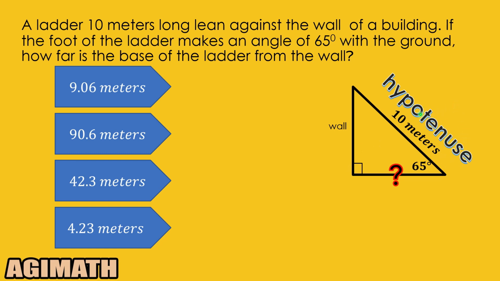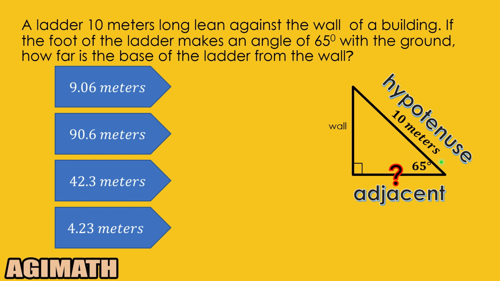That is always the hypotenuse. Next, with respect to this angle, what is this missing side? Surely you can answer, it's the adjacent side because it's very obvious.